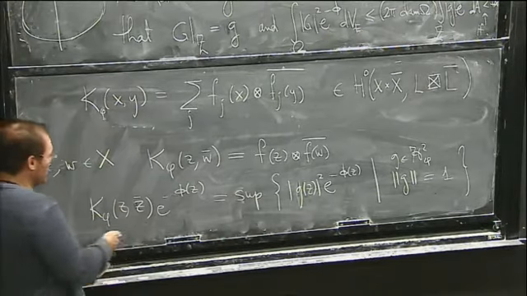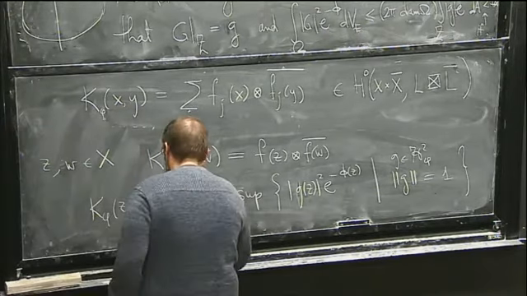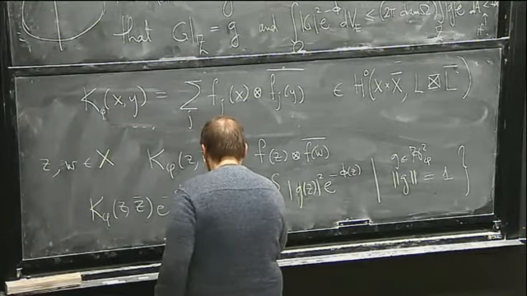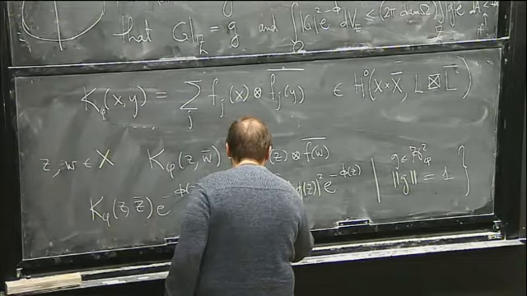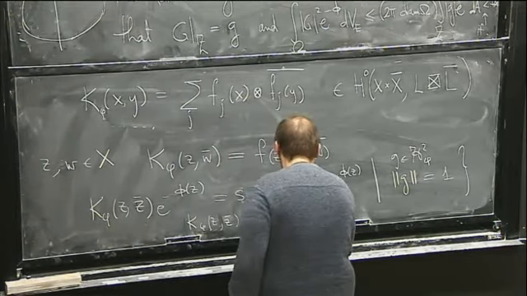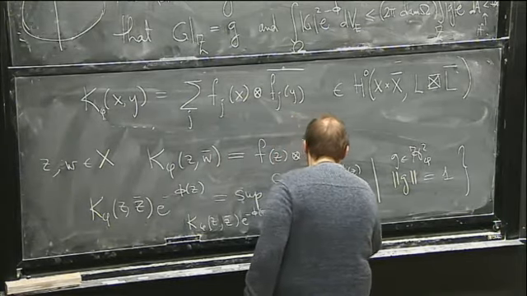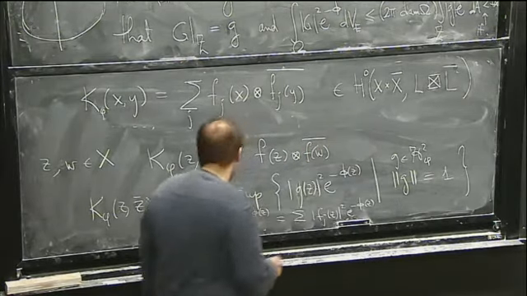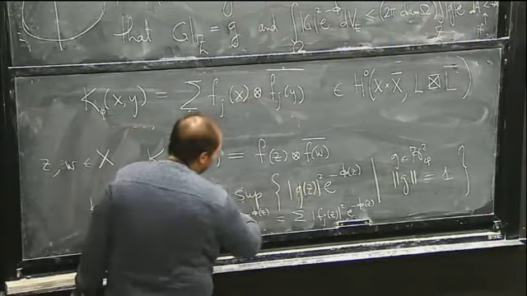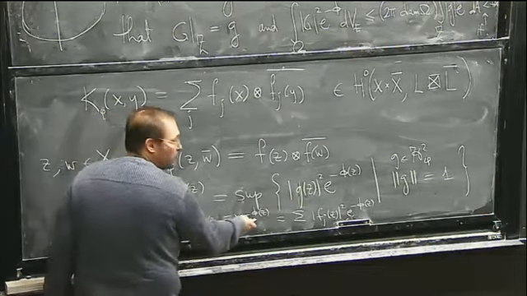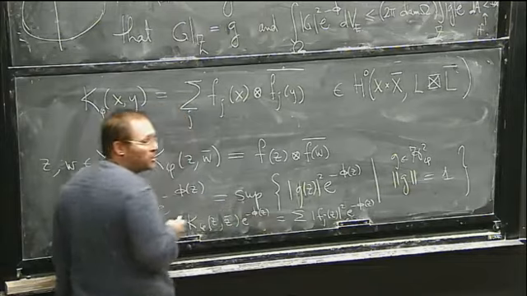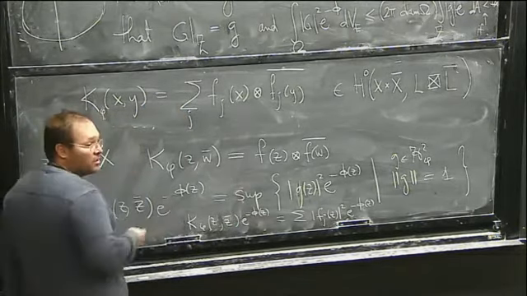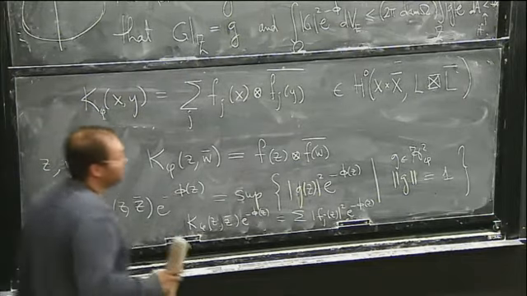So in particular, this K_phi of z, z bar e to the minus phi of z is equal to the sum of some |f_j of z| squared e to the minus phi of z. And if you have an upper and lower bound for this thing, it means that the K itself is very closely related to e to the phi. So this is going to give us an approximation of phi in terms of sums of squares of holomorphic functions.